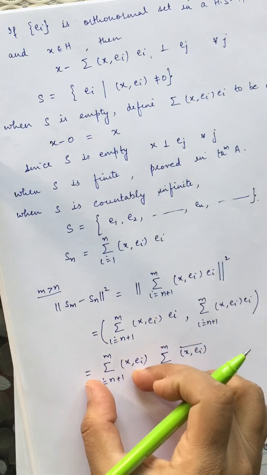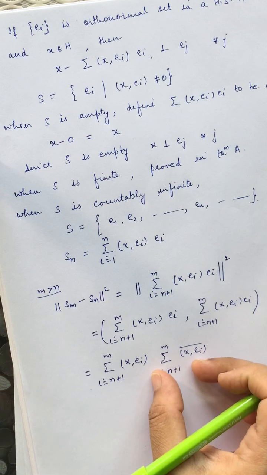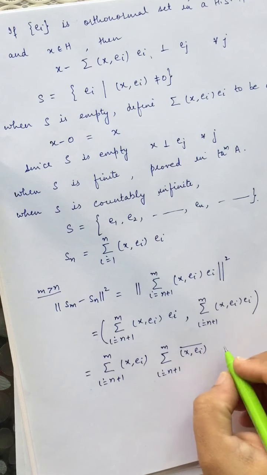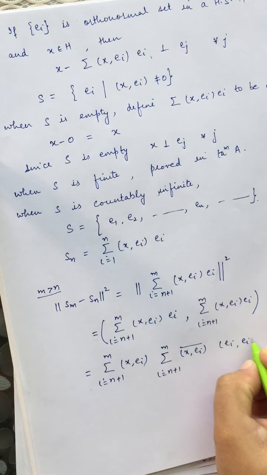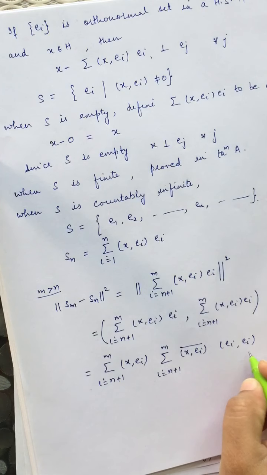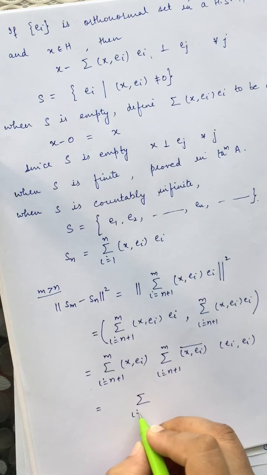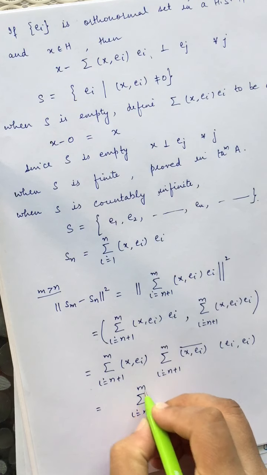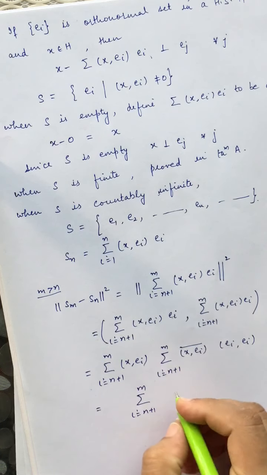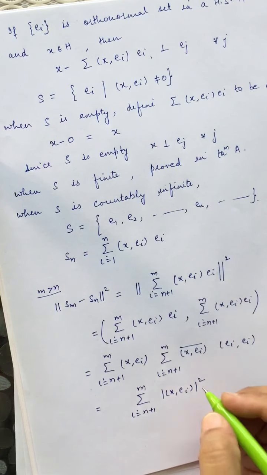This factor will come outside as such, and this factor will come outside as the conjugate of this vector, and then (e_i, e_i). Now we know this is an orthonormal set, so this inner product (e_i, e_i) is just 1. So it will be just the sum over i from n plus 1 to m of (x, e_i) into the conjugate of (x, e_i), that is just the mod of this, squared.